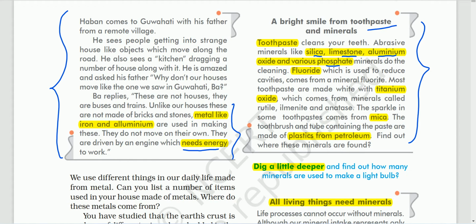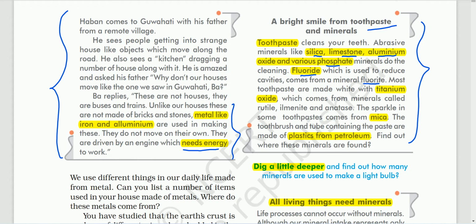These are abrasive minerals, and fluoride, which is used to reduce cavities, comes from a mineral, fluorite. And most toothpastes are matte white. I think most of the toothpastes are white.